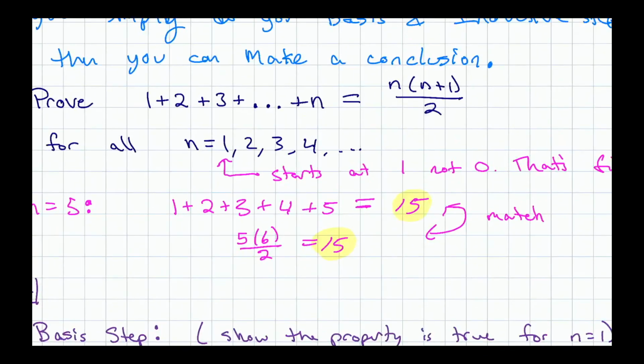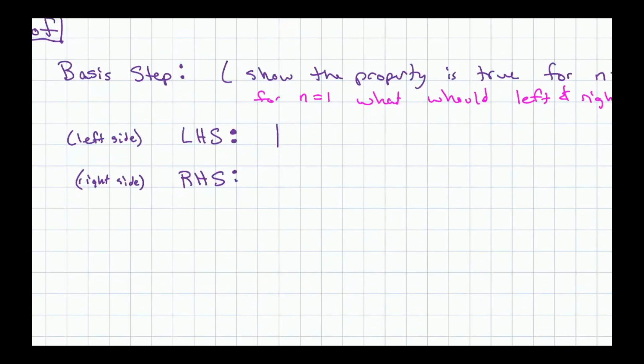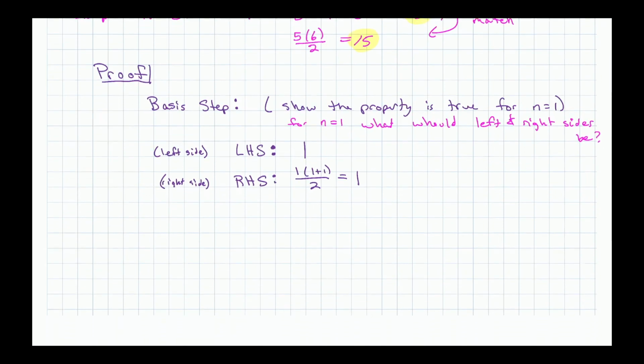So the right-hand side is n plus 1 over 2. So n is 1, so it's 1 plus 1 over 2. And of course, if you work that out, that is also 1.